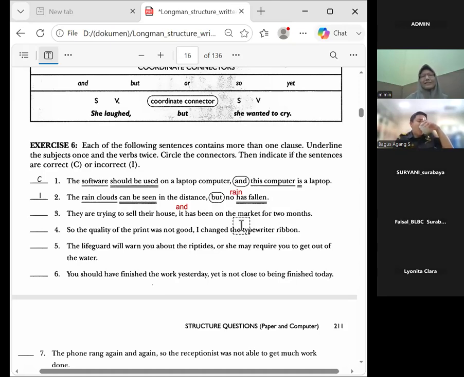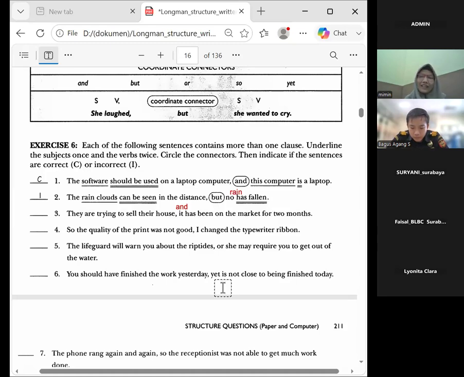The second clause is just additional information to the first. Number 4, Kak Suryani, can you please say the name of your friend to do number 4?